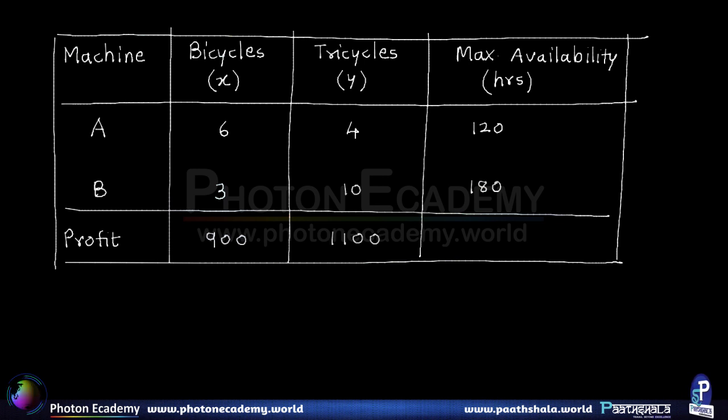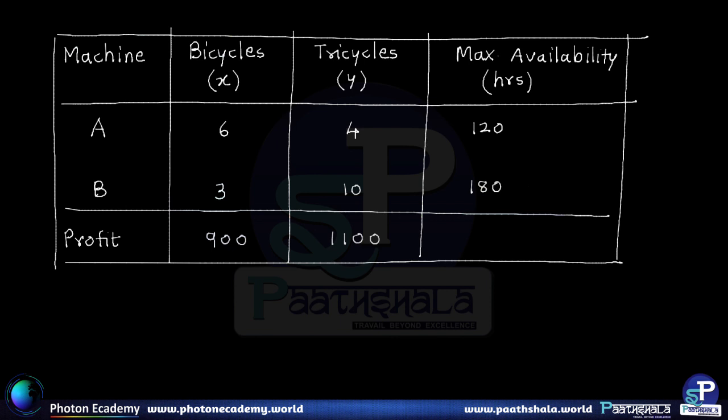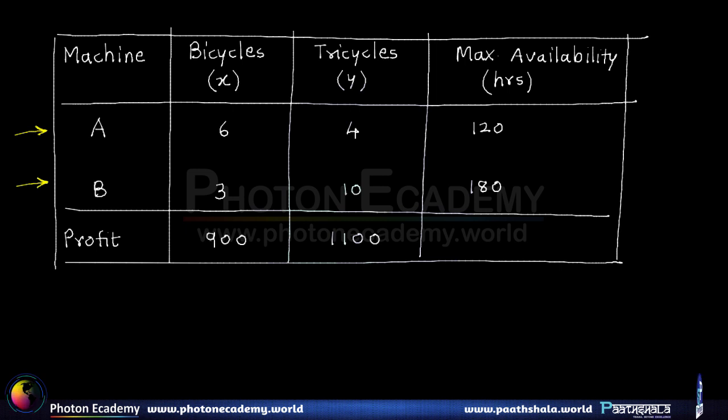Now here we have summarized the entire information given in the problem so that we understand the whole problem properly in the correct perspective. There are two columns for bicycles and tricycles, and in the rows we mention the time required for one bicycle and tricycle on each machine, A and B. The last column is about the maximum availability of machines.